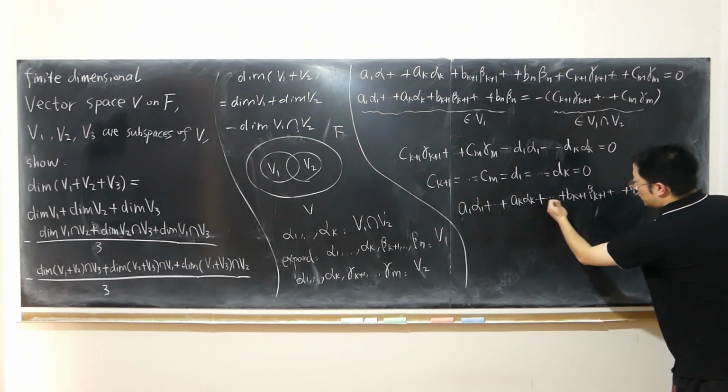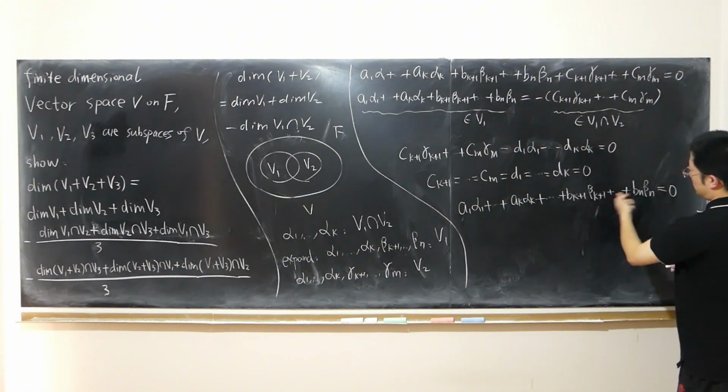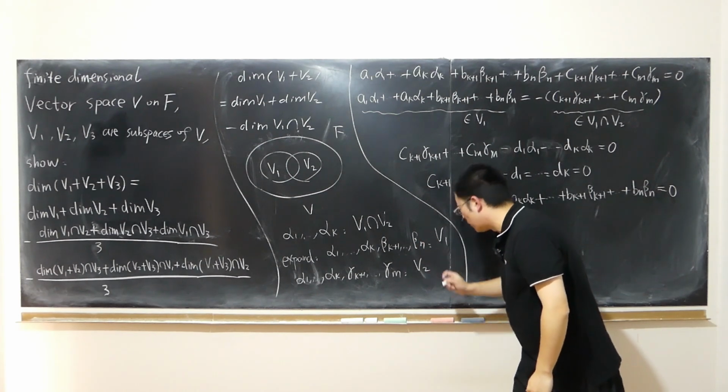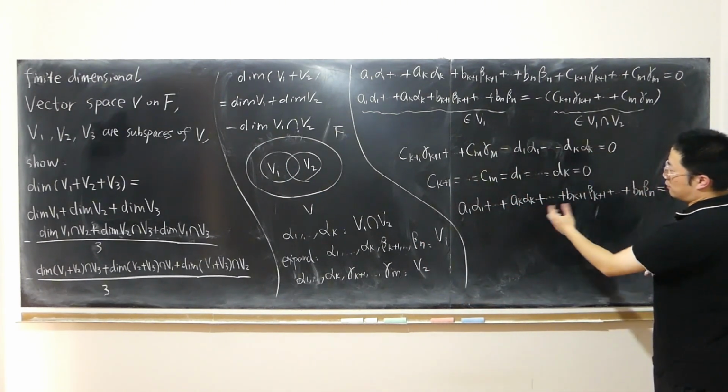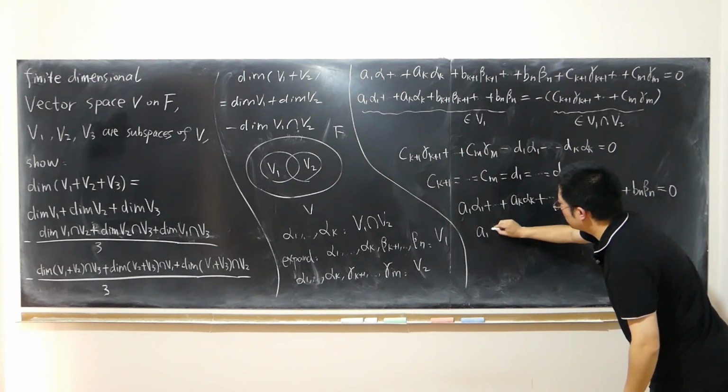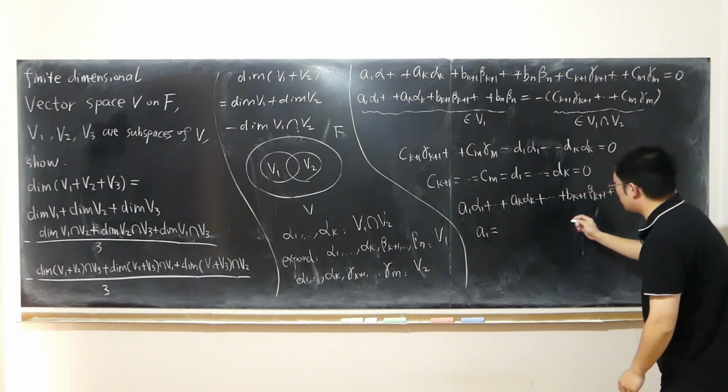So here's a linear combination of the alphas and betas. Alphas and betas are a basis of V1. They're linearly independent. So therefore, all the A's and B's must be equal to 0.